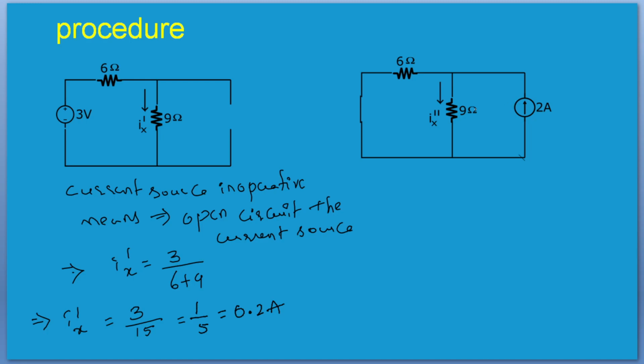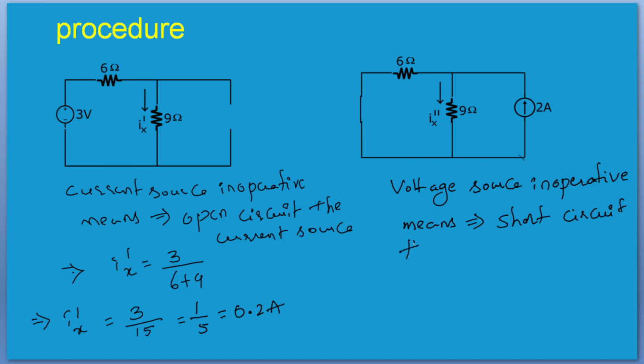making voltage source inoperative. Voltage source inoperative means short circuit the voltage source.